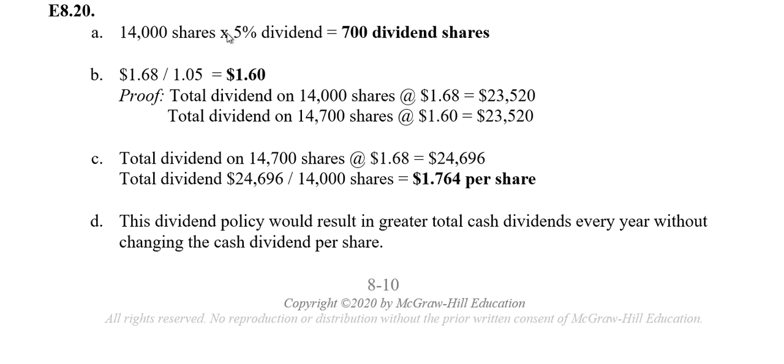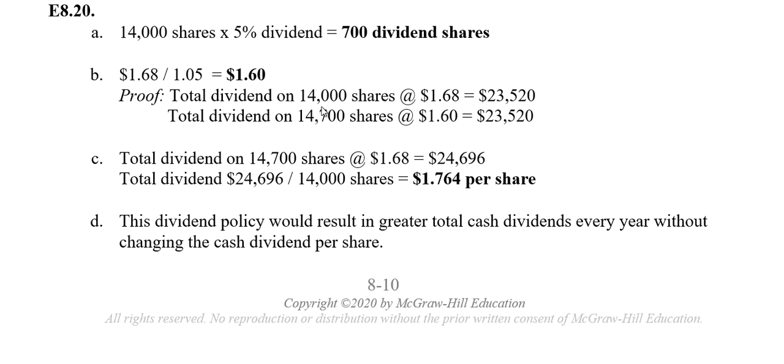Well, if you wanted to keep the amount of cash dividend the same with 14,700 shares outstanding instead of 14,000, then you could just take $1.68 and divide it by 1.05, the 5% increase over the 14,000 shares you had outstanding, and you get $1.60.